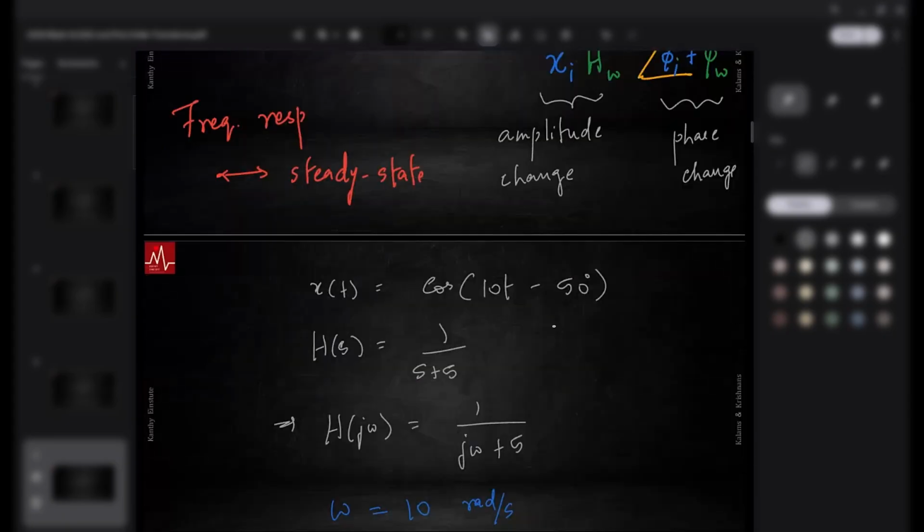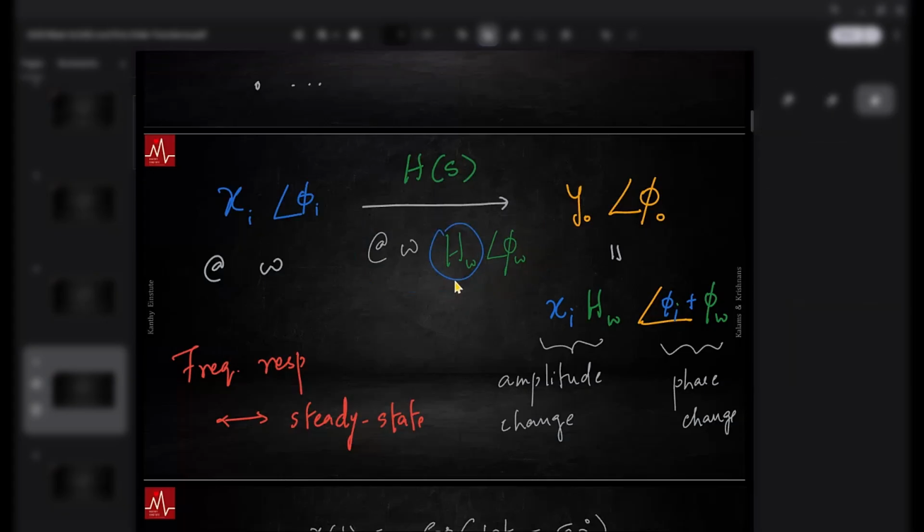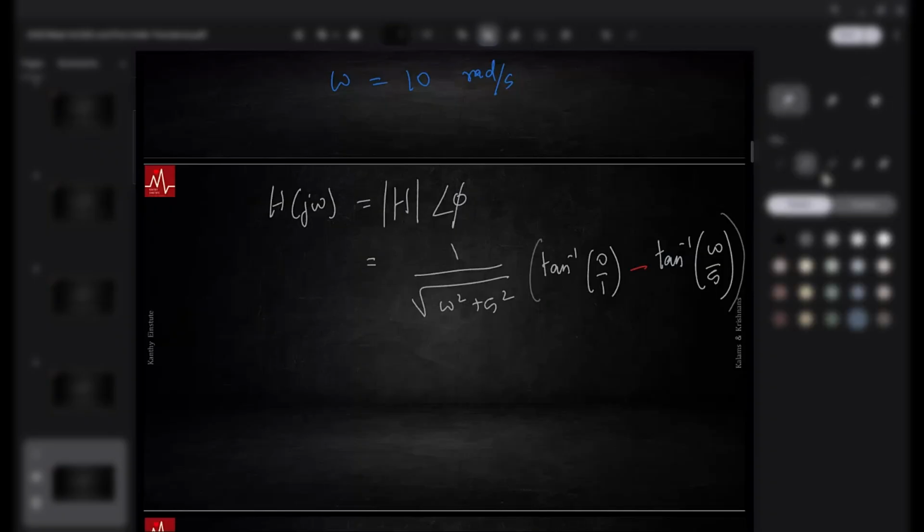See, this is what I showed here. At a given omega, this function has a gain and a phase change. Impedance is a simple example, but this is more general than impedance. For any linear circuit, this is useful. Okay, so can you quantify this at 10 radians per second? What is the amplitude of H, and what is the phase?